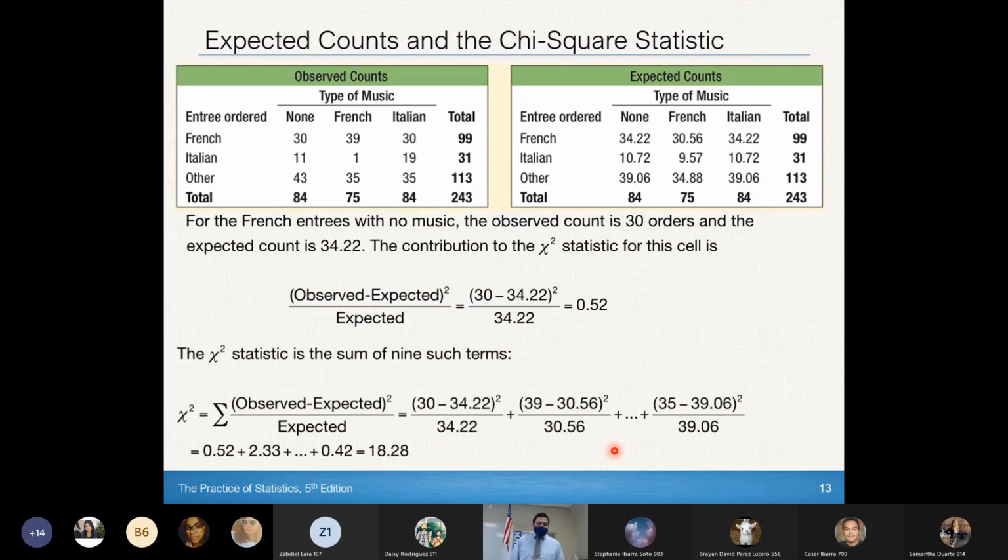The chi-squared statistic is the sum of 9 such terms, again, because we have 9 terms in our table when we do not include the totals. Please do not include the totals. Ultimately we get chi-squared equals the sum of observed minus expected squared over expected for all those cells.